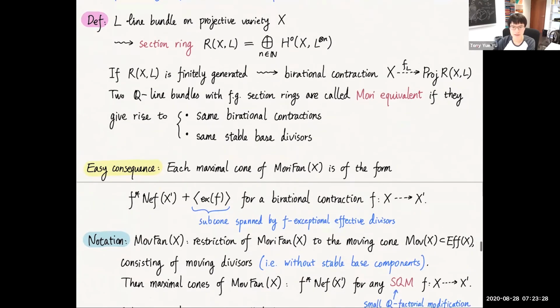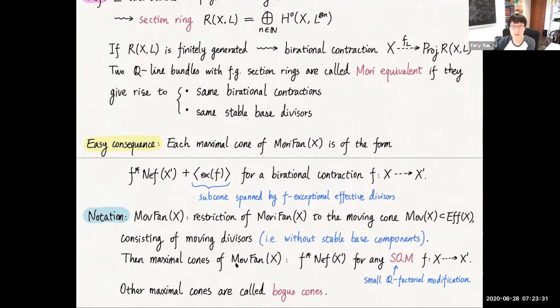Then, maximal cones of this moving part of the Mori fan are always of the form the pullback of nef of X prime for any SQM, which is short for small Q-factorial modification, f from X to X prime. The reason is that, recall that every maximal cone of the Mori fan is of this form, which has a part, a subcone spanned by f-exceptional effective divisors.